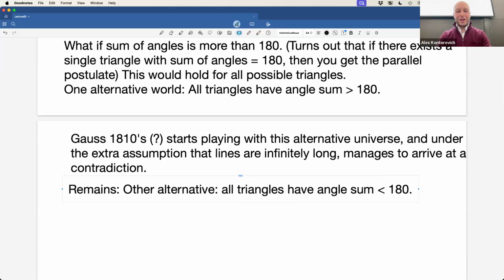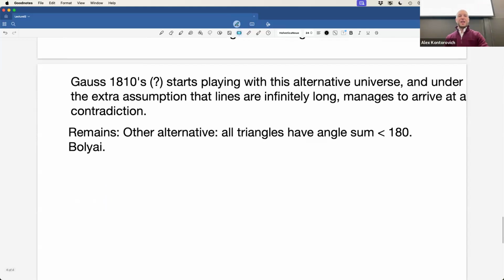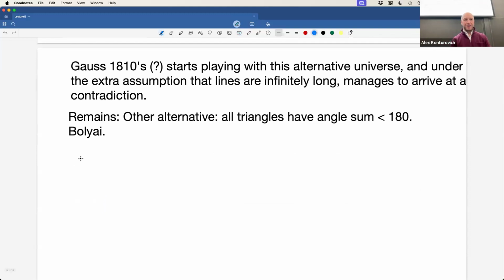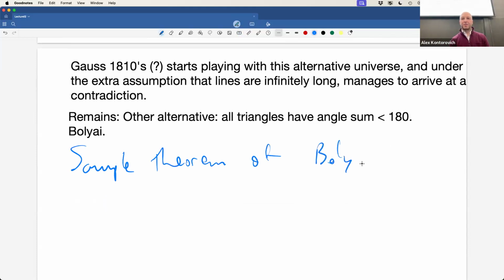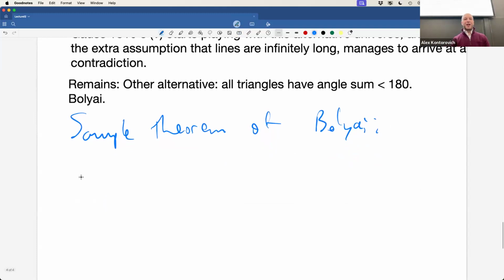And so this is where we get to a guy named Bolyai. So he starts playing around, and let me give you a sample theorem of Bolyai. The theorem says, so we're in this world. What's the world?